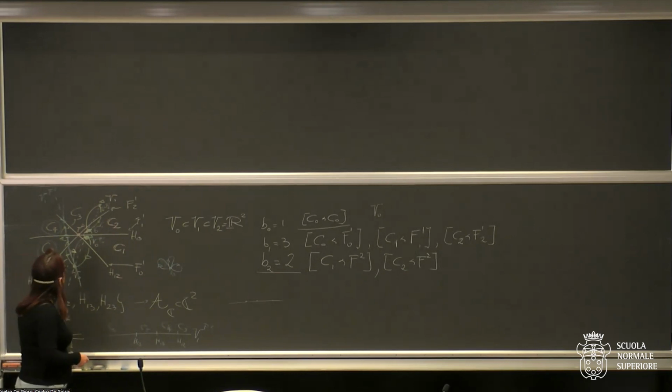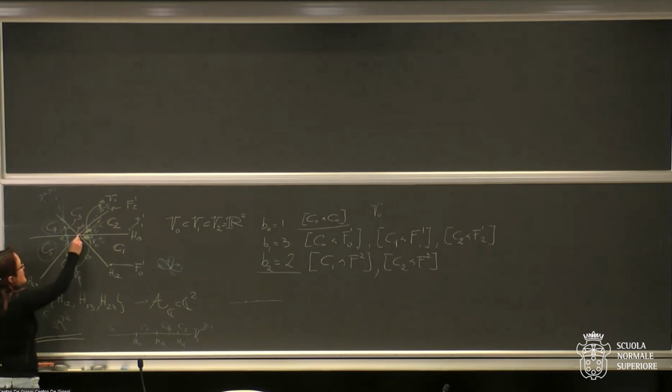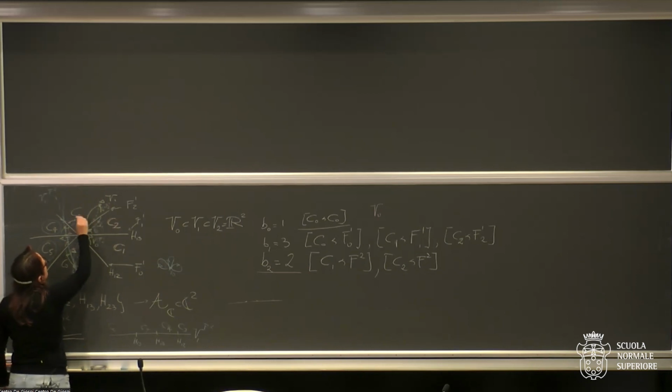So the two cells: C3F2 is collapsed with this, the two cell here is collapsed with this, and the last one is collapsed with this. And so you have four two-cells that collapse. Another one here is collapsed with here.